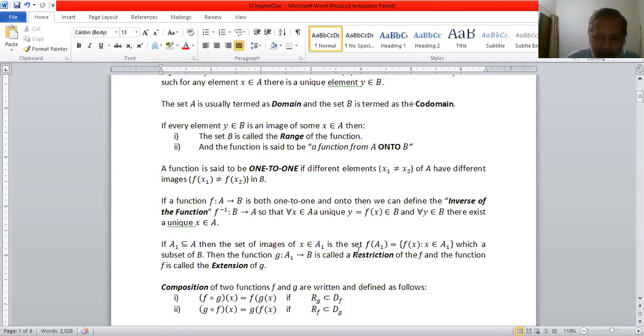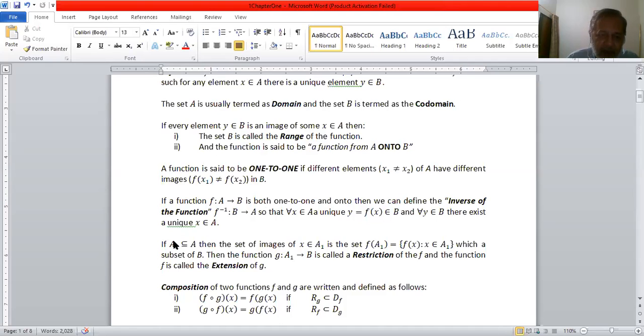Such a function is called the restriction of the original function, and the original function is the extension of this restricted function.